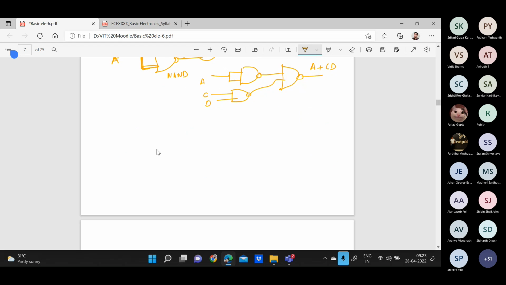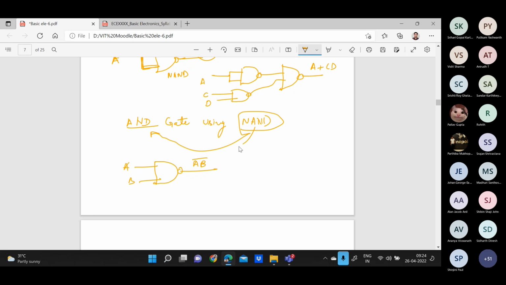Now, the next term that is important, how to design an AND gate using NAND gate. That means I have a NAND gate. How can I design an AND gate? So I have a NAND gate like this. This is A, B. So what it will give? A dot B whole bar.